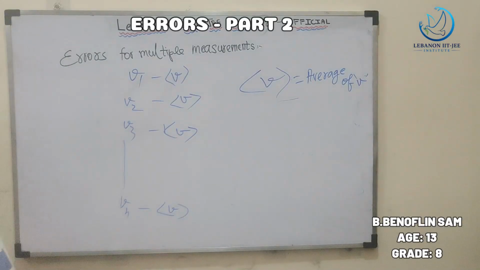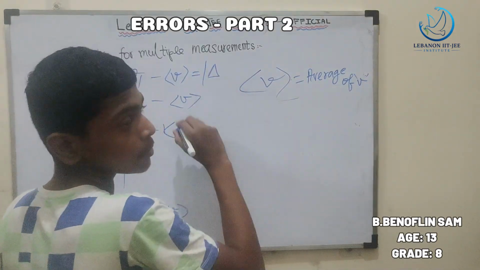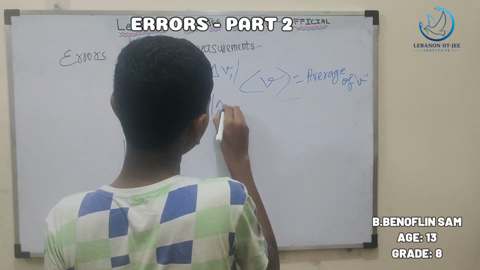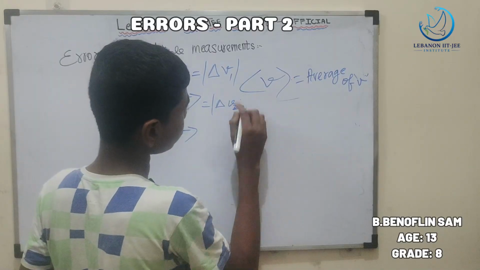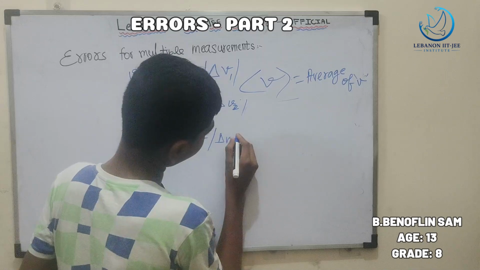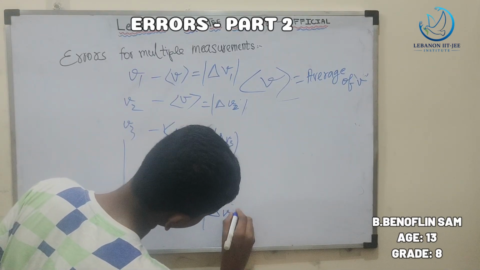Then your expression will come like this. This is modulo delta V1. This is modulo delta V2. Modulo of delta V3 and so on up to modulo of delta Vn.